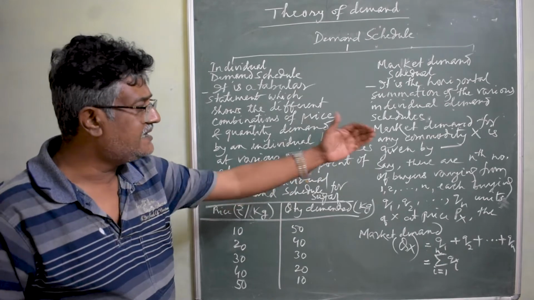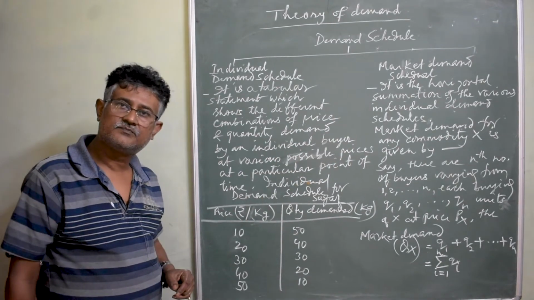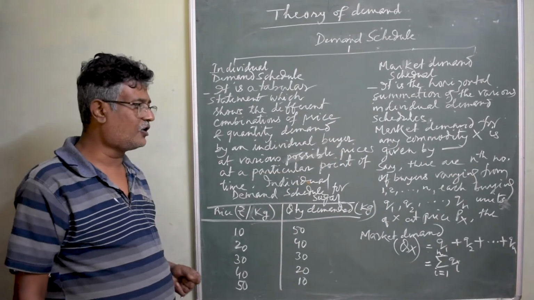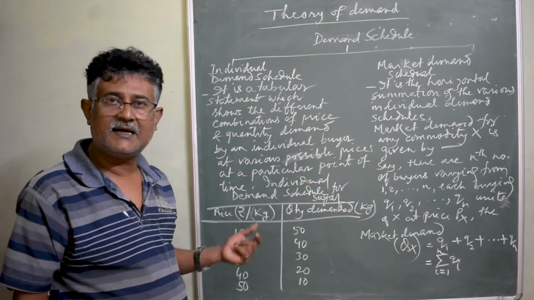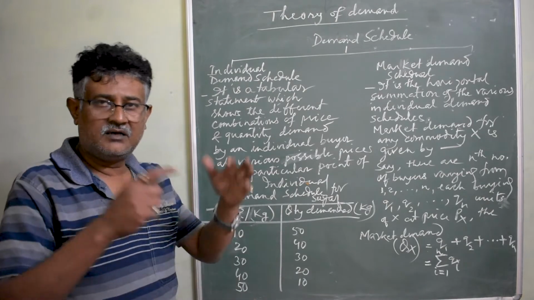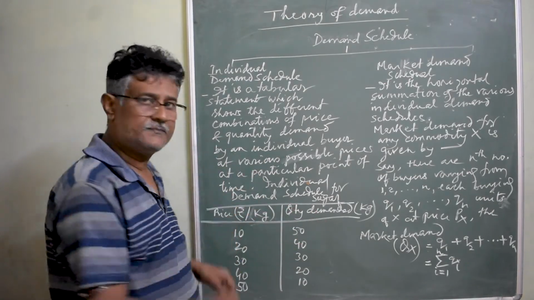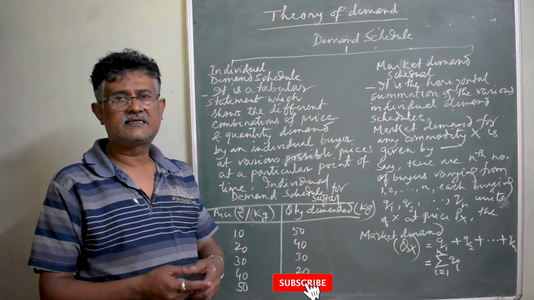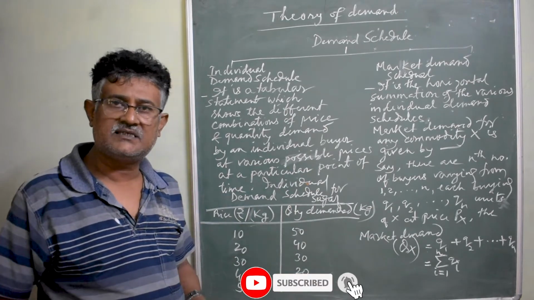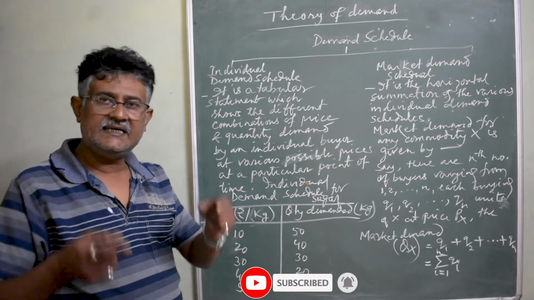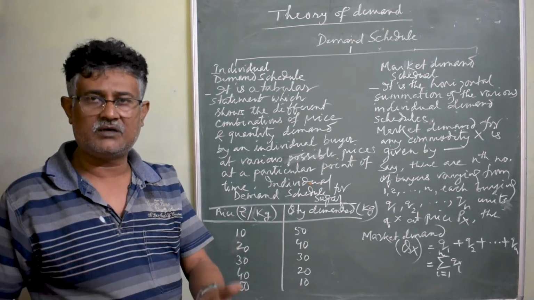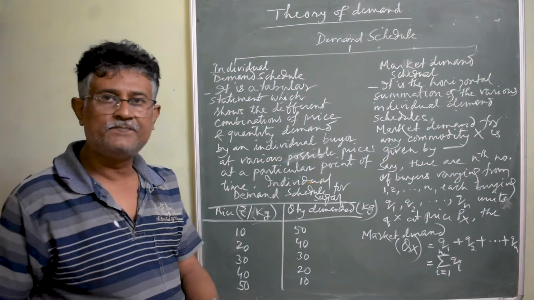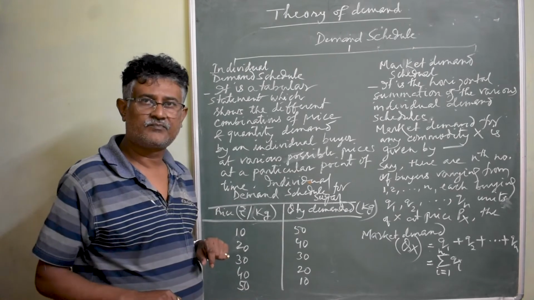Say there are n number of buyers in the market varying from 1 to n. Say for example that for sugar there may be thousands of consumers in the market, and each of the consumers may be buying different quantities of the same commodity at the same price.